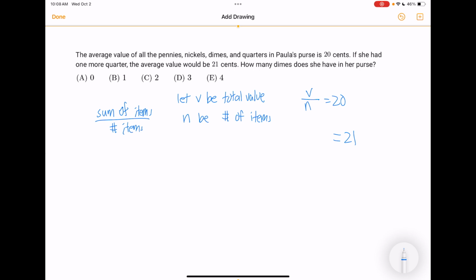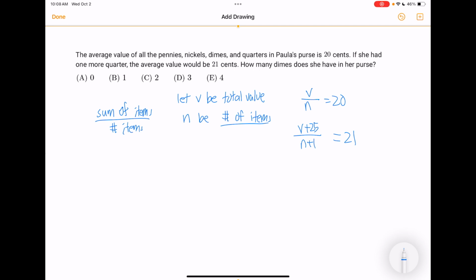And then if she had one more quarter, a quarter is 25 cents. And so we need to update V, the total value, as well, because she has an additional 25 cents. And so we could do V plus 25 over, and then if she added one more quarter, that means that the number of total items, you have to add 1 to that as well.